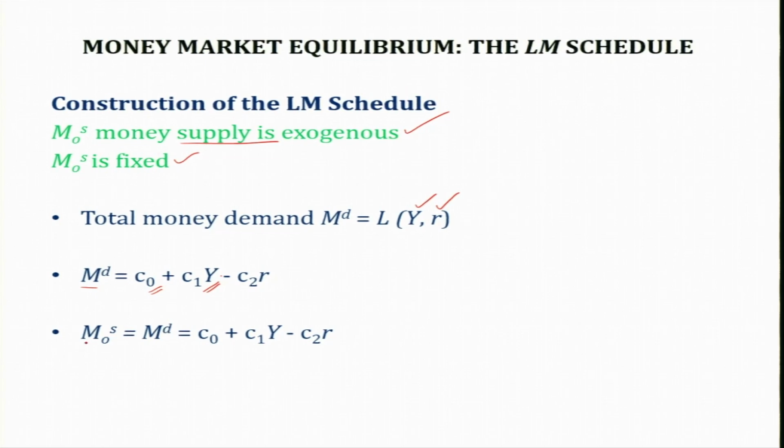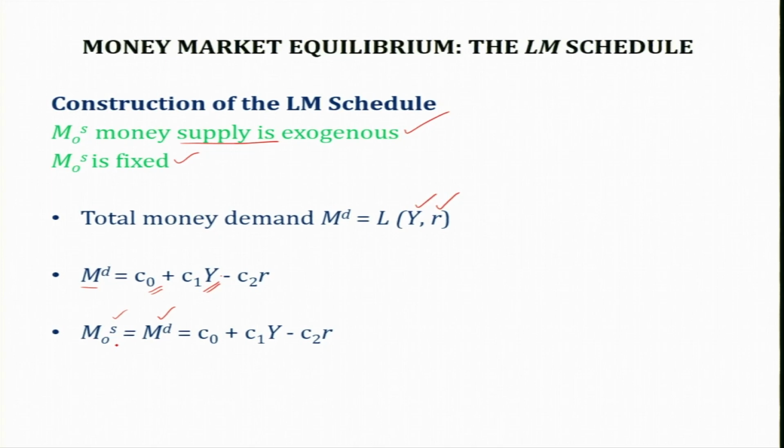Since the money supply is already given, let us see the equilibrium. In order to attain equilibrium, money supply should be equal to money demand. Money demand is, as we already know, C naught plus C1y minus C2r. Later on we will be using this equation while continuing our discussion with the LM schedule.